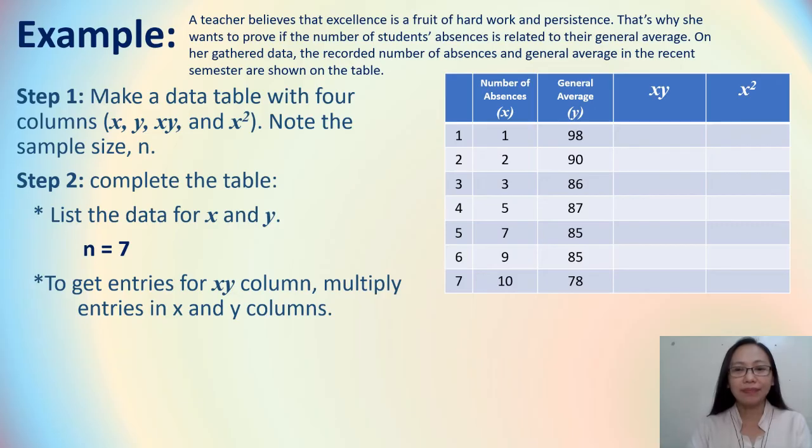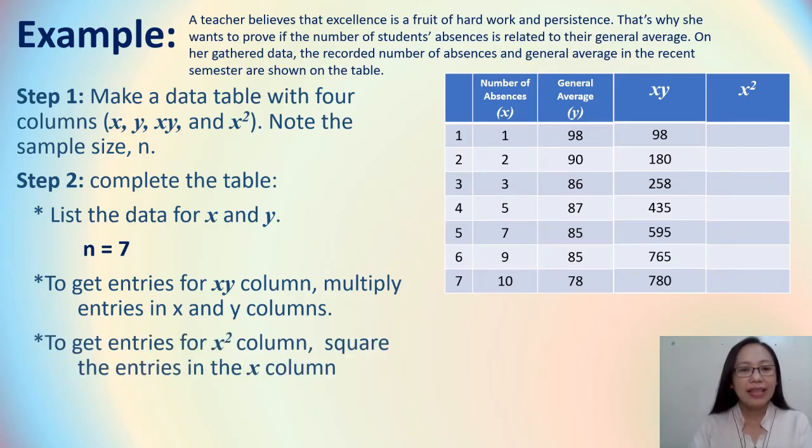So we have 1 times 98, that is 98. 2 times 90, we have 180. 3 times 86, we have 258. 5 times 87, we have 435. 7 times 85, that is 595. 9 times 85, it's 765. And 10 times 78, that is 780.